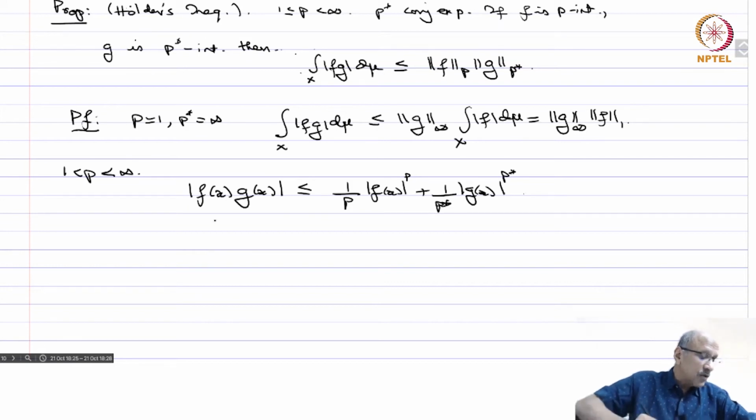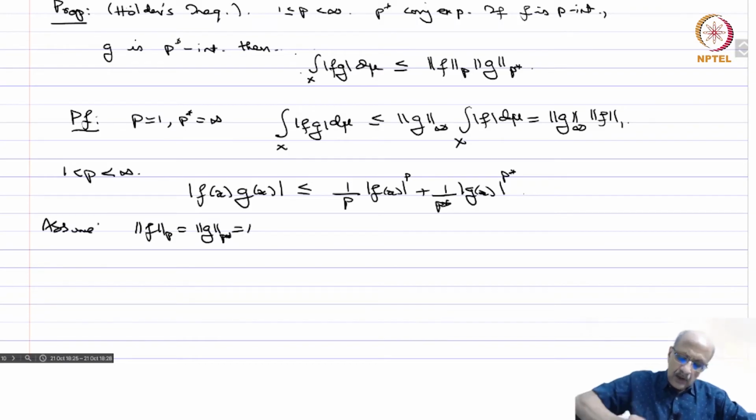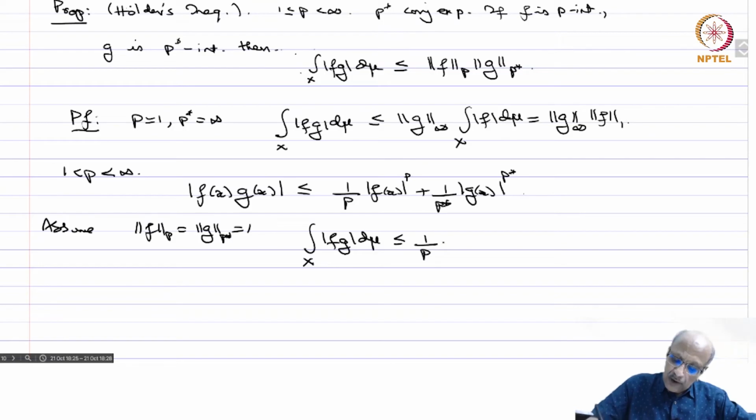Okay, so now you assume that norm fp equals norm g p star equals 1. So if you integrate this inequality on both sides, you get integral mod fg d mu is less than or equal to 1 by p integral mod fx power p, which is 1, plus 1 by p star integral mod g power p star, which is also 1, and therefore this is equal to 1.